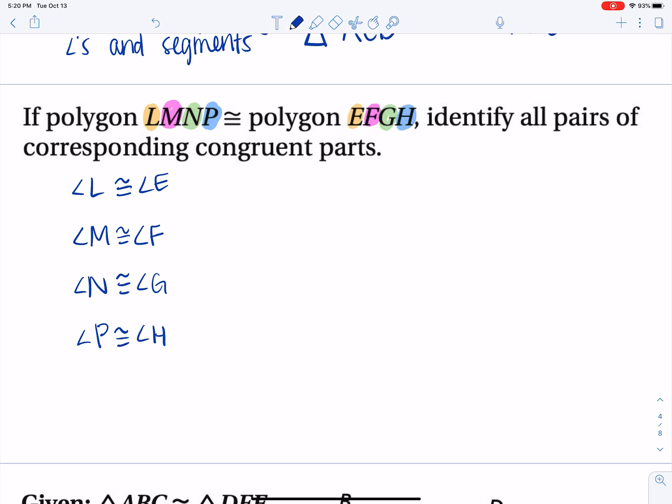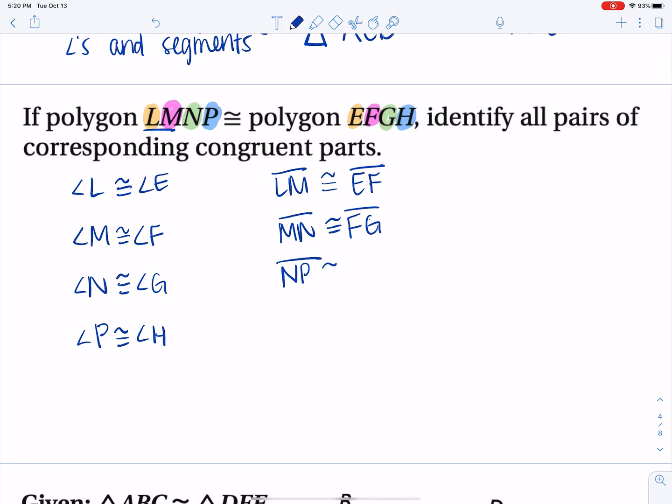Now this works for angles, it also works for sides. Since we name polygons by going around the vertices in consecutive order, I know segment LM, that's using the first and second letters, has to be congruent to side EF. MN has to be congruent to FG.